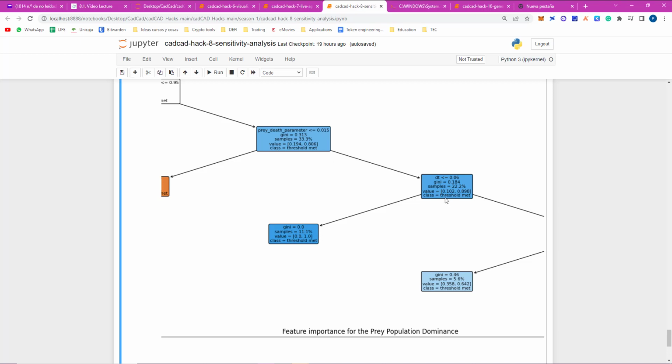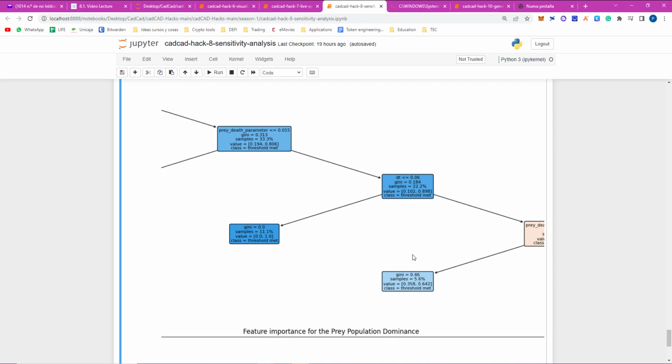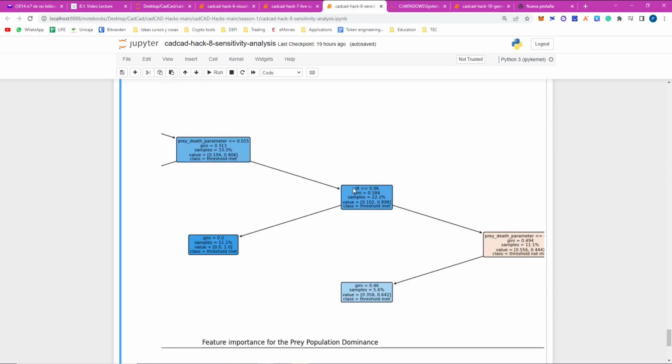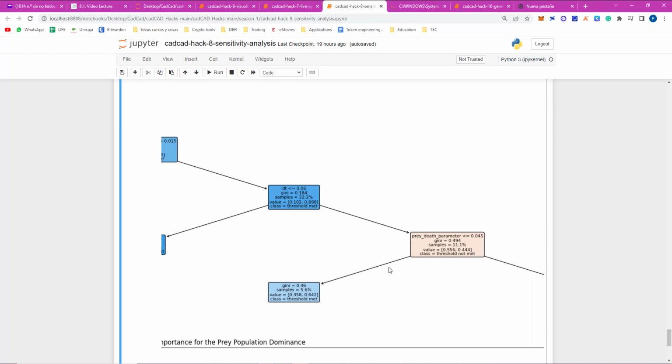So you check another parameter. So you realize that in reality you have a 16.7, which is above half of 33.3, right above, not much. If you check this parameter, the prey death parameter plus the predator death parameter plus the DT parameter plus the prey death parameter, you can get to a way deeper cluster.